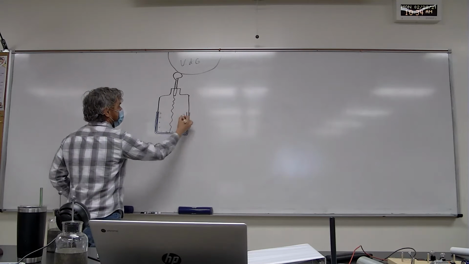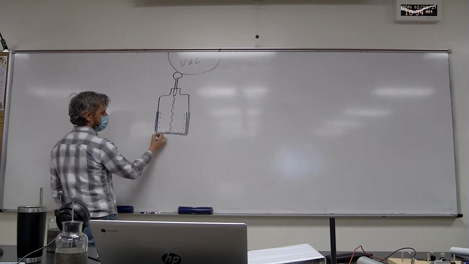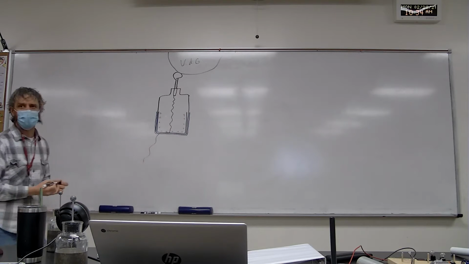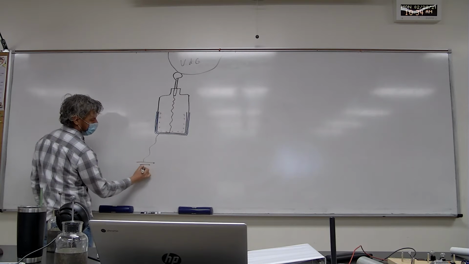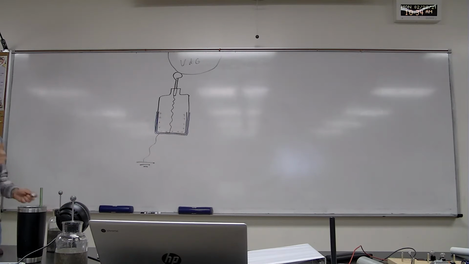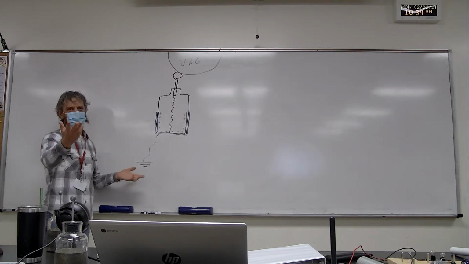Now, as that happens, if I connect the outer plate to the ground via a ground wire, and the schematic for a ground wire is three lines, they get progressively skinnier or shorter. Looks like a tornado, yes.